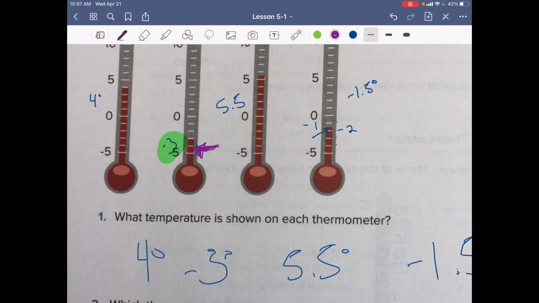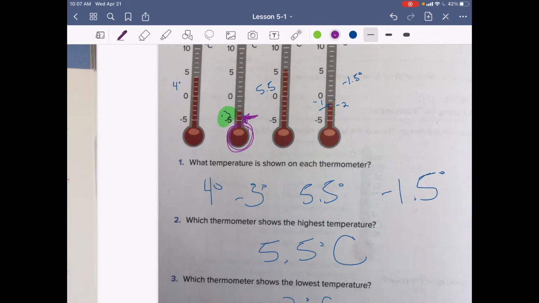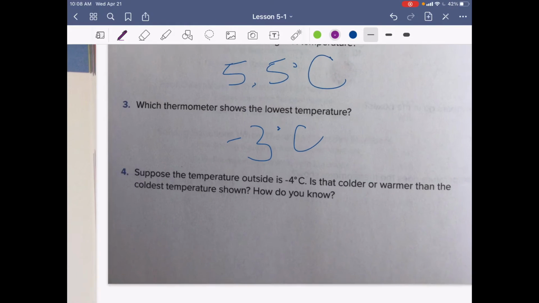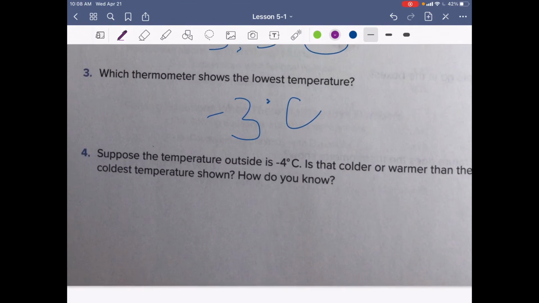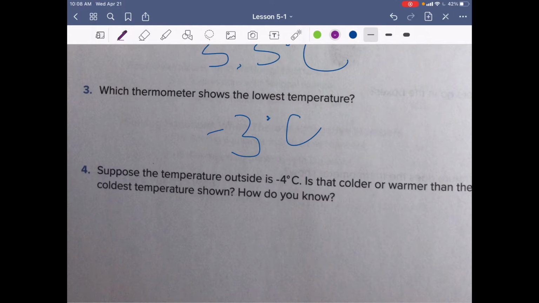So is that colder or is that warmer? You're right, that's colder because it's lower or closer to the bottom of the thermometer. So -4 degrees Celsius is colder than the coldest temperature shown because it's a smaller number.